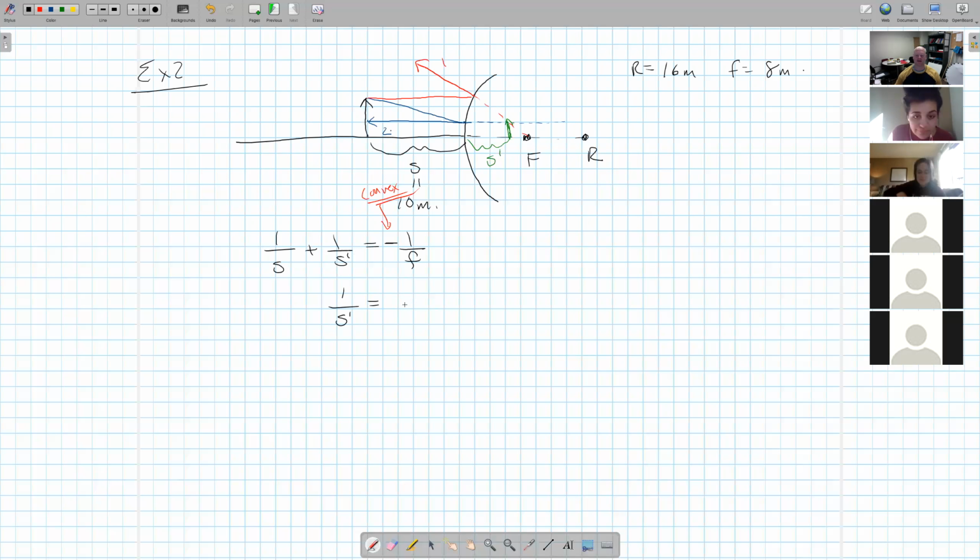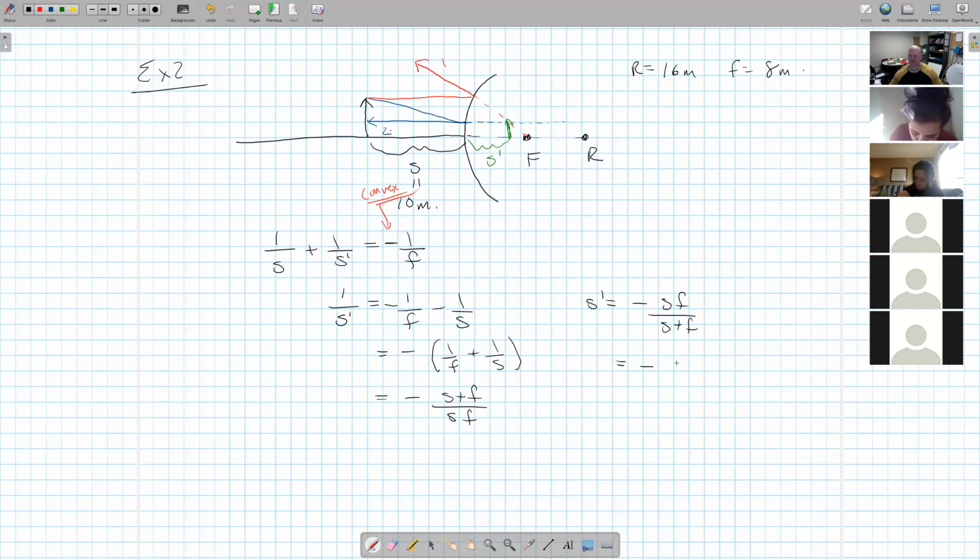So I have 1 over S prime equal to negative 1 over F minus 1 over S, which is the same thing as negative 1 over F plus 1 over S. Find a common denominator, that's S times F. So I get negative S plus F divided by S times F. And finally, invert this. So S prime is equal to negative SF divided by S plus F: object distance times focal length divided by object distance plus focal length.